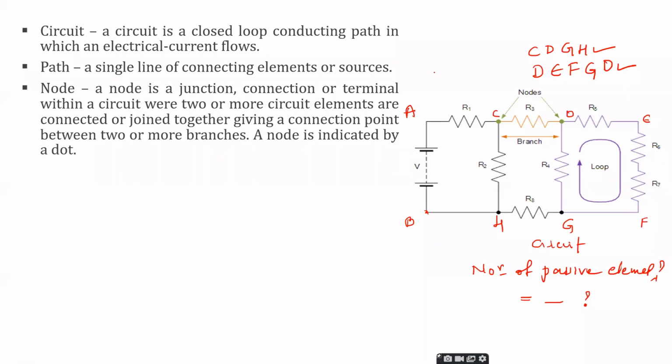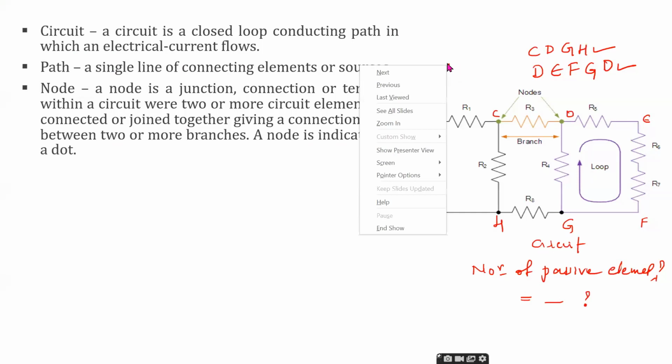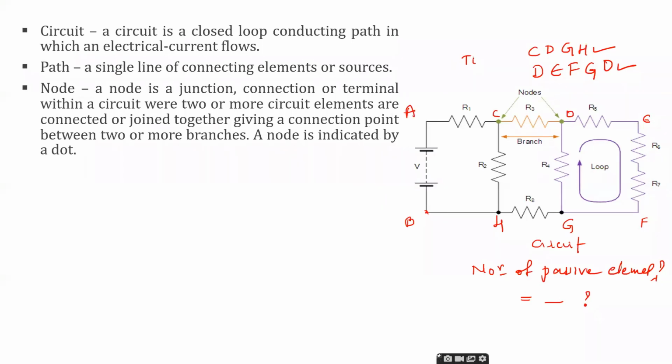Simple. What is node here? It is a point where two or more elements are connected. If that is the point, then we can call that point a node, and always that node is represented with a dot.